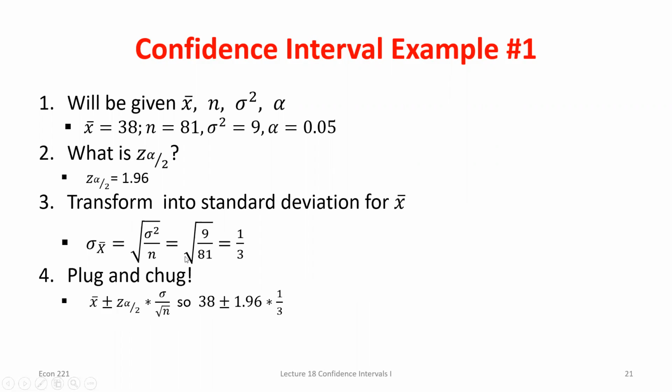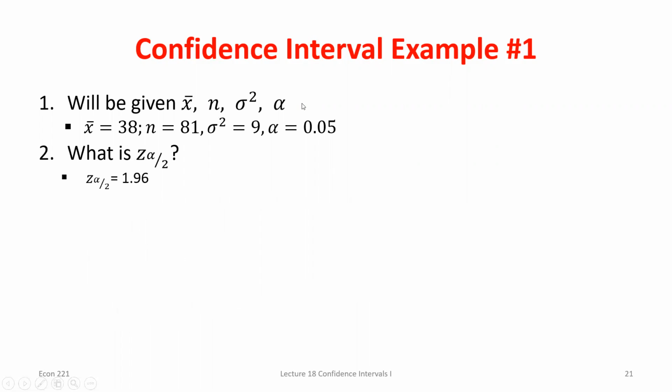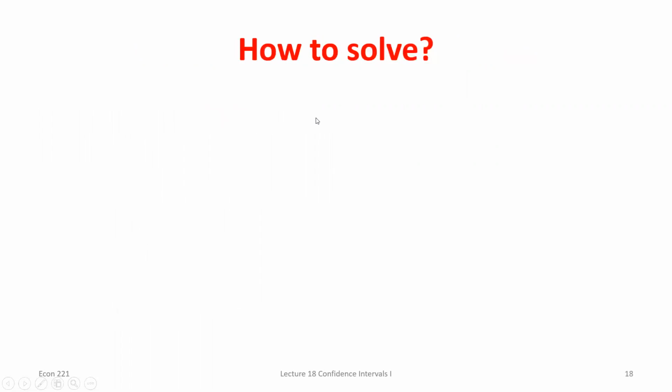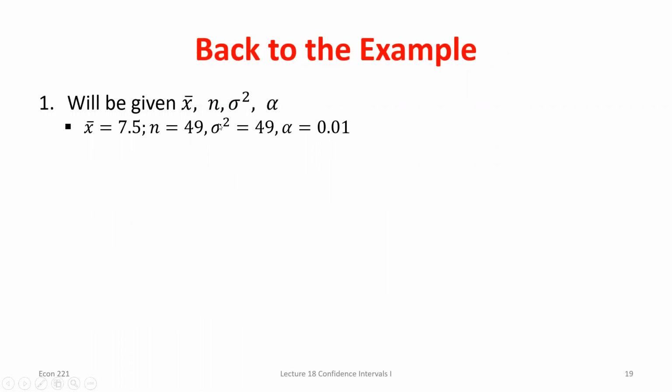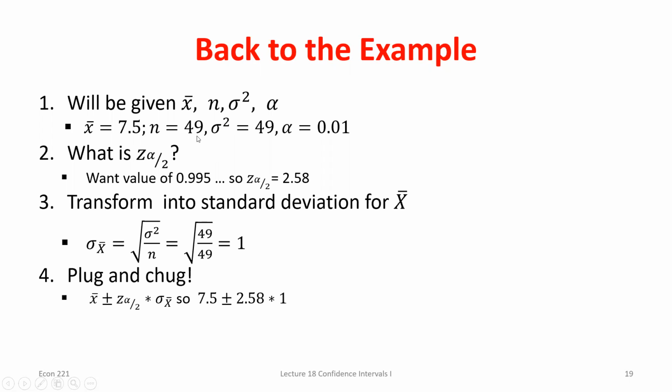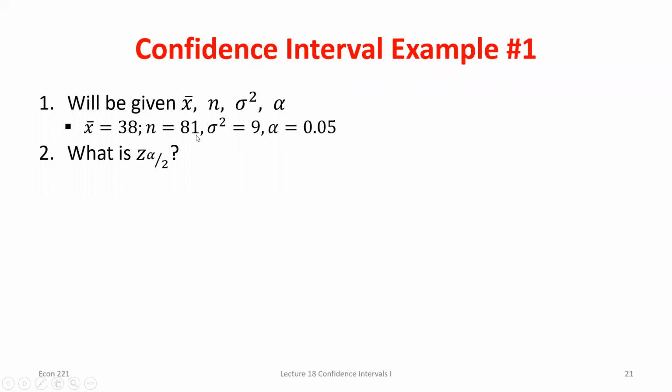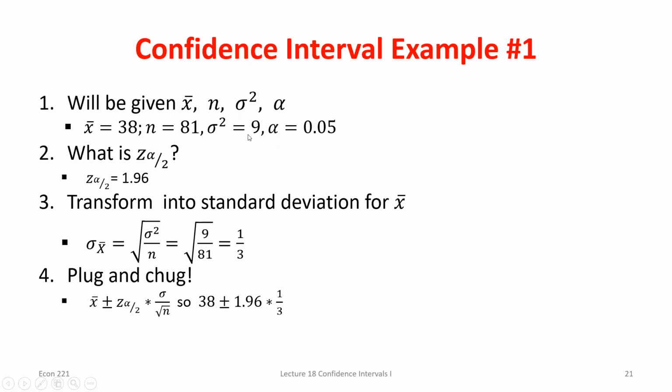Now, just looking at this, what do you think is probably going to be true about the range of values? Before, when we looked at the hockey puck example, we had a variance of 49 and a sample size of 49. In this example, our variance is only 9, and our sample size is 81. So we increased n, which is going to make this smaller.